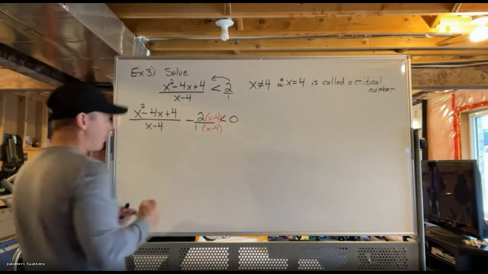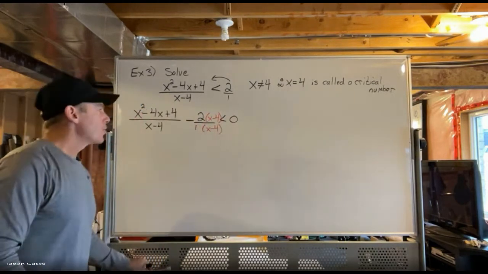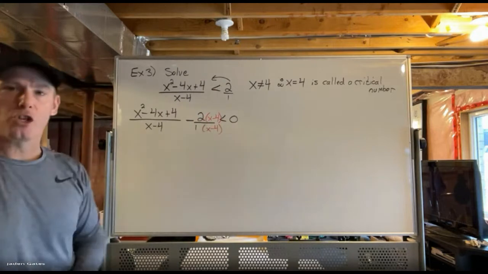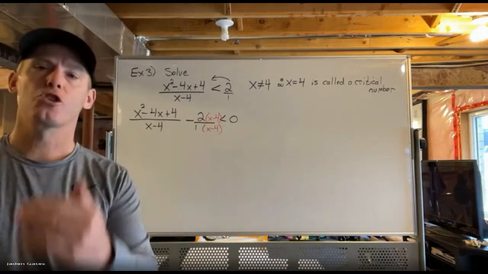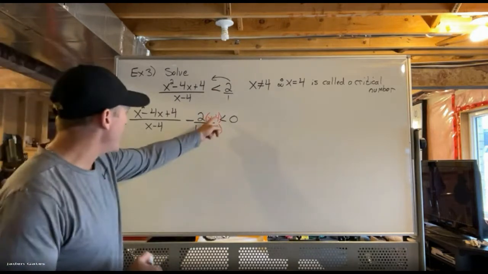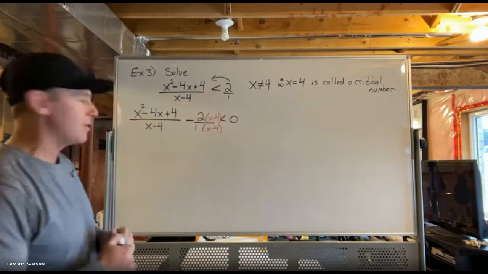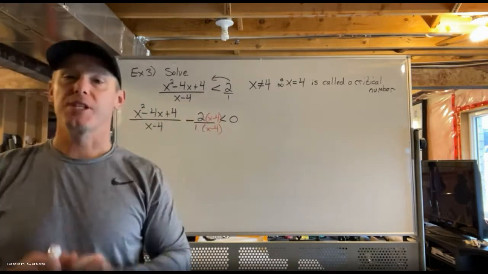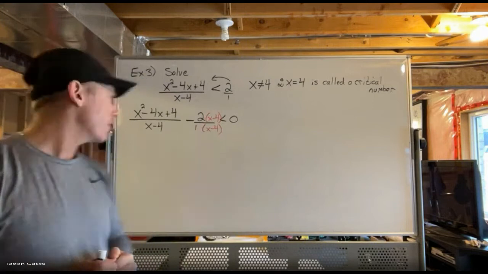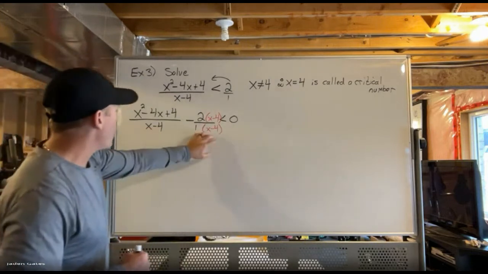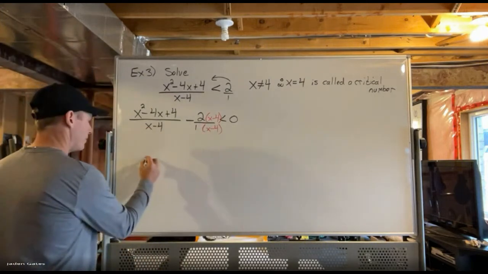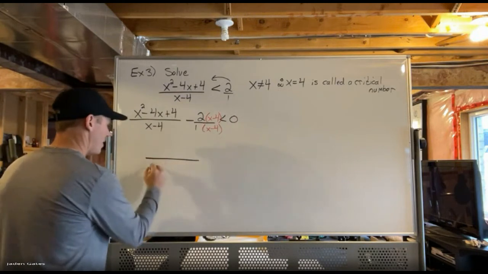Now I do the top and the bottom so that essentially I am not changing that term. I'm just changing the way it looks because, again, x minus 4 divided by x minus 4 would cancel each other out. But I want them to stay there because I want a common denominator. So now we have a common denominator of x minus 4.